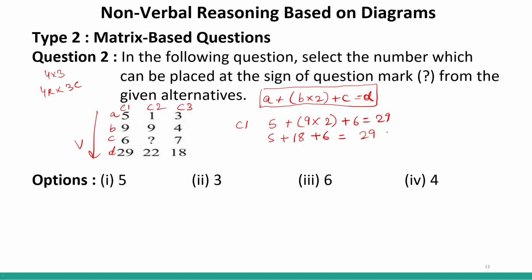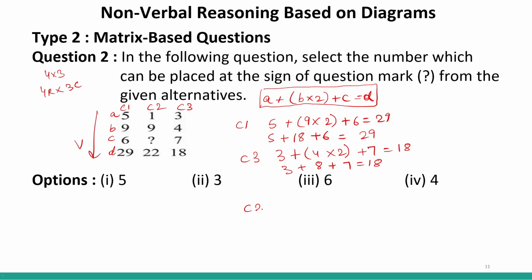For column 1, this holds true. Let us check for column 3. So column 3 will be 3 plus 4 into 2 plus 7 will give me 18. So if you look at this, 3 plus 8 plus 7 will give me 18. 7 plus 3 is 10. 10 plus 8 is 18. So this is also true.